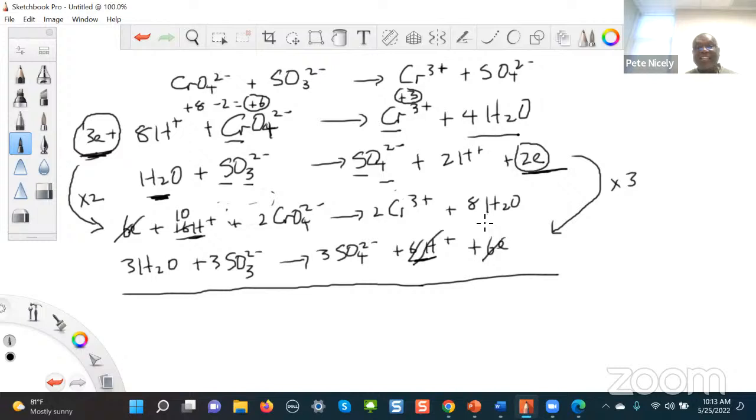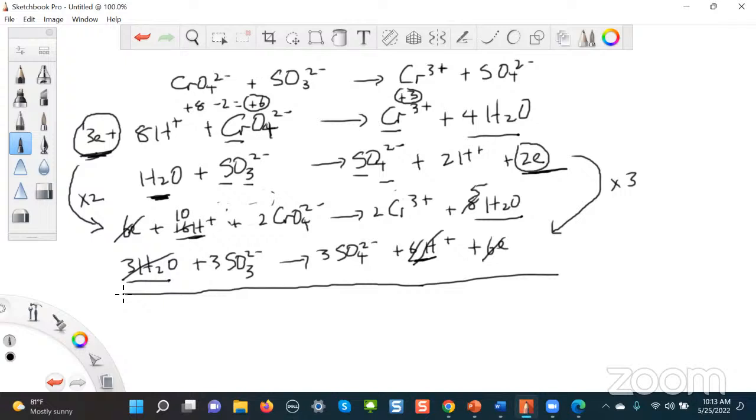And then you'll notice that you have 8 water molecules here and 3 water molecules here. So what does that mean? That means that these 3 water molecules will cancel out 3 of these, leaving behind 5, all right? Okay, so let's write down.